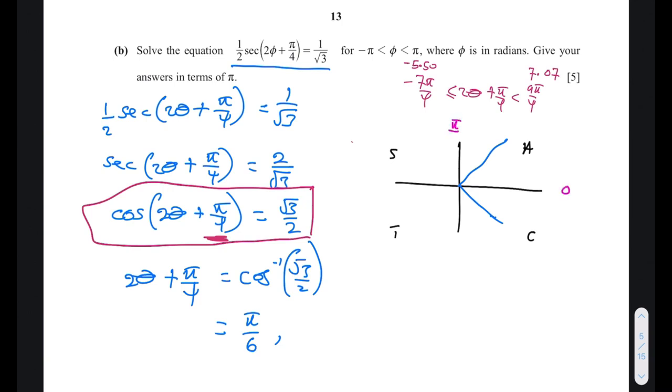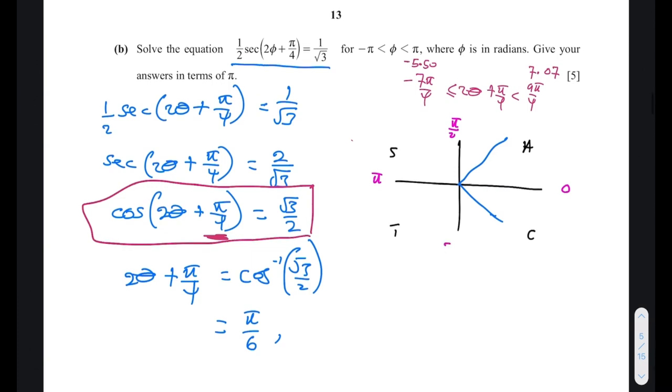We have 0, this is pi on 2, this is pi, and then pi plus pi on 2 gives us 3 pi on 2, and then this will give us 2 pi, right?